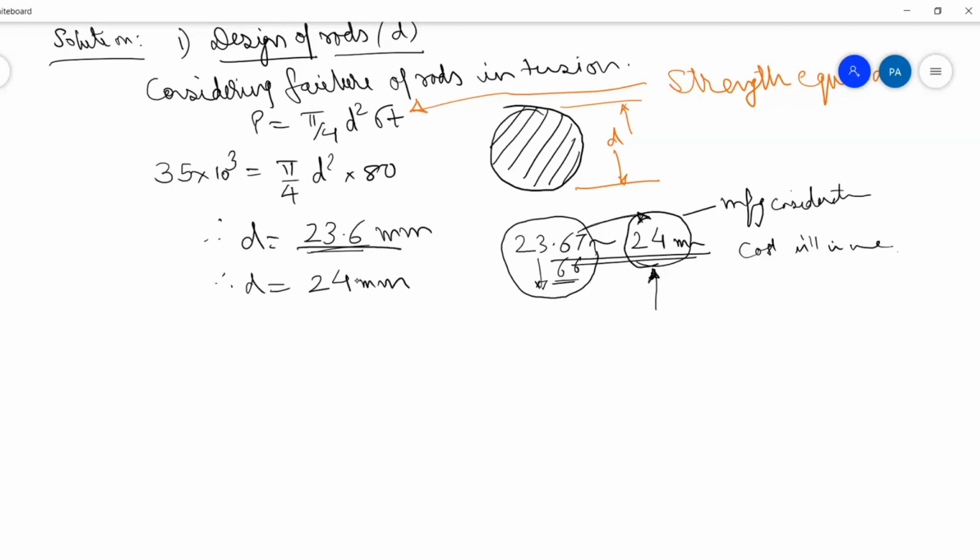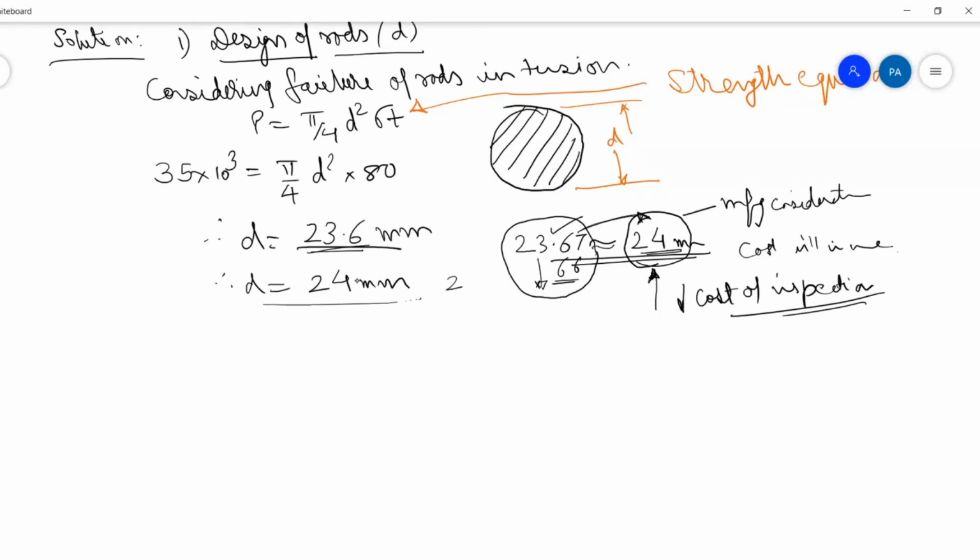So when you are increasing the cost of product, at the same time we are reducing the cost of inspection, to some extent. So it is not at all wrong when you are saying that 23.67 is taken as 24 mm, and 24 mm will never fail. If 23.6 mm will not fail, 24 mm will never fail. So you can round it up to some value.